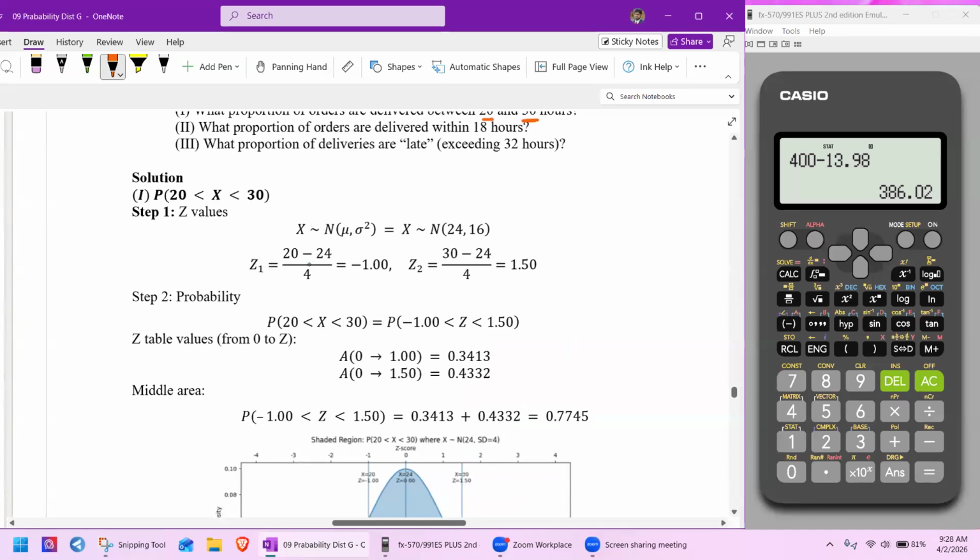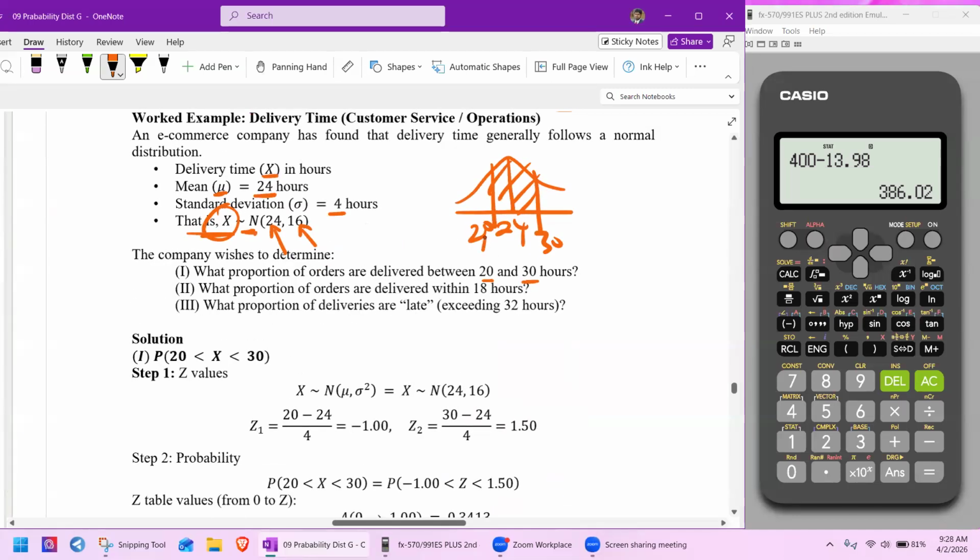We have to find the z value for 20 and for 30, then find the probability for each, say this is A and this is B. We can add them together to find the total area. That's straightforward.